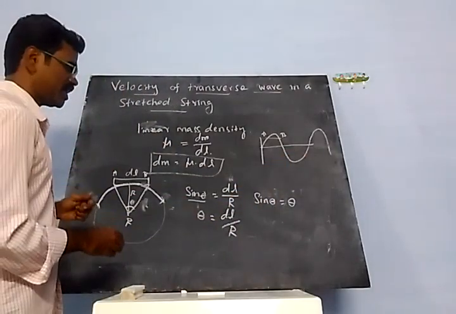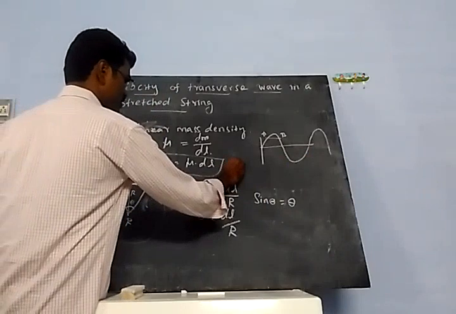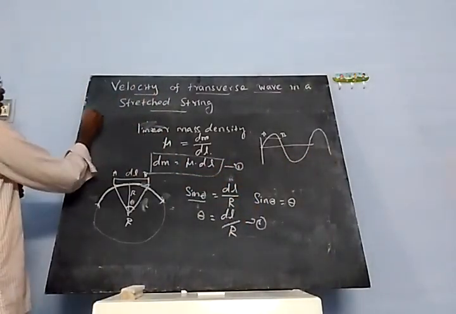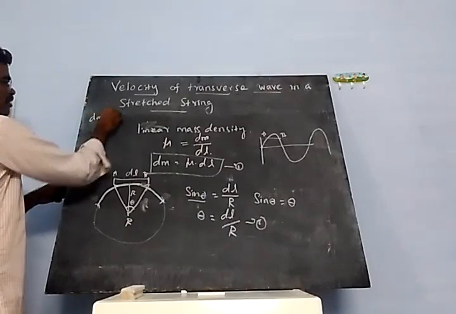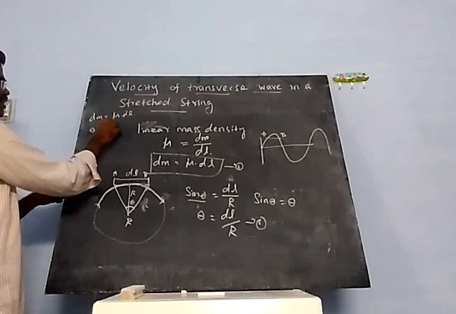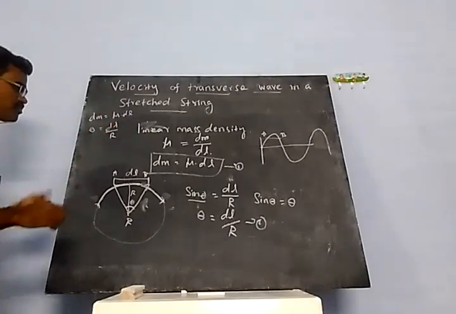Then theta is equal to dl by R. So this is equation number 1, and this is equation number 2: dm is equal to mu into dl, and theta is equal to dl by R.